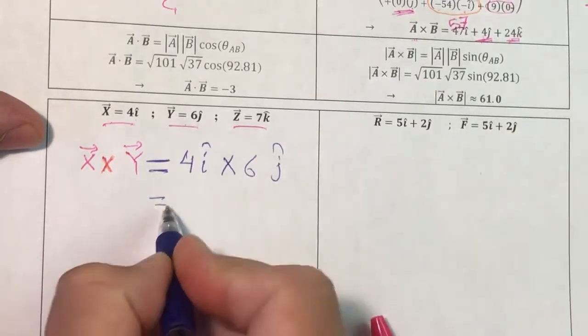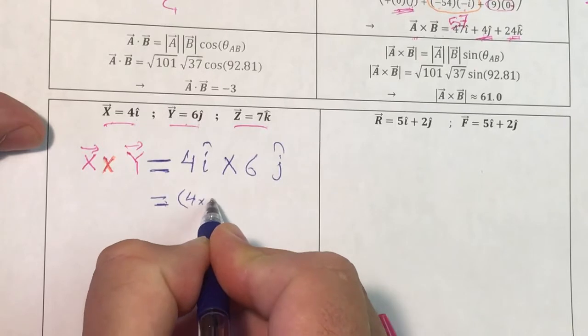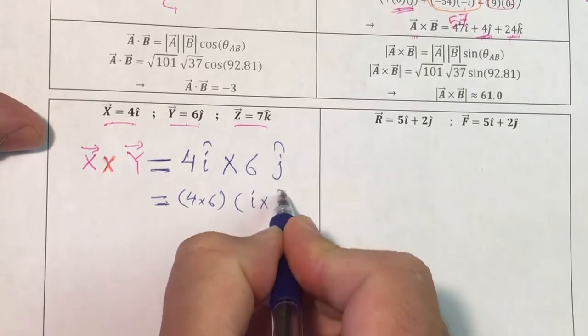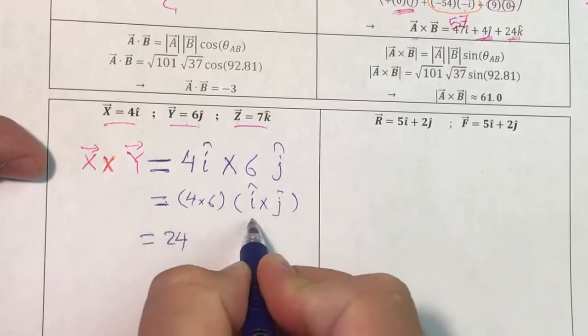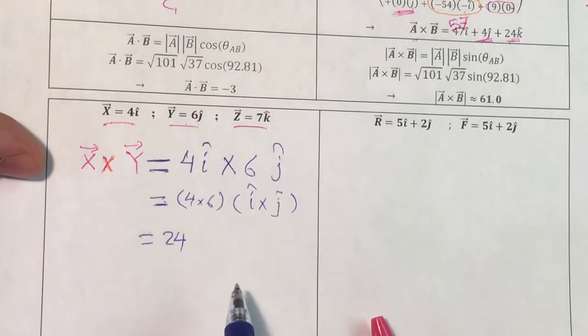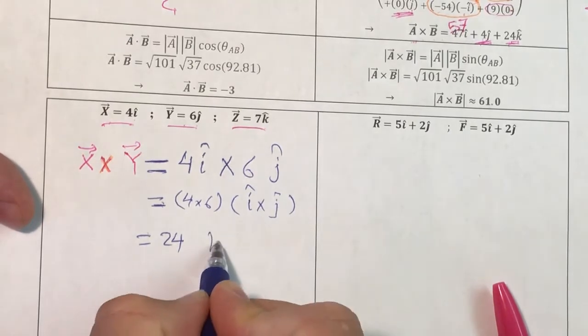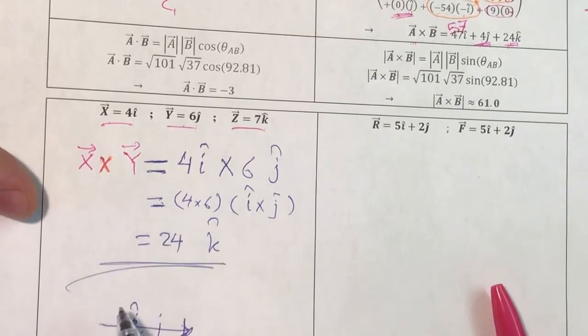I will take the numbers together, 4 multiplied by 6, and I cross J as unit vectors. This will be equal to 24. I cross J, they are in the order I, J, K. In this order it is positive, so it will be K hat. Okay, this is the resultant vector.